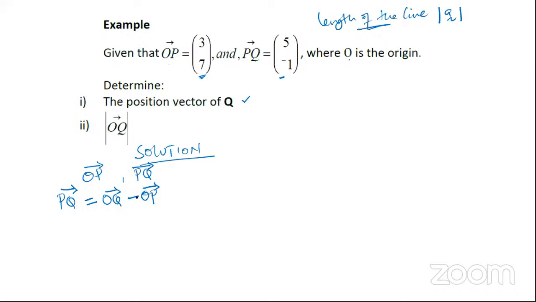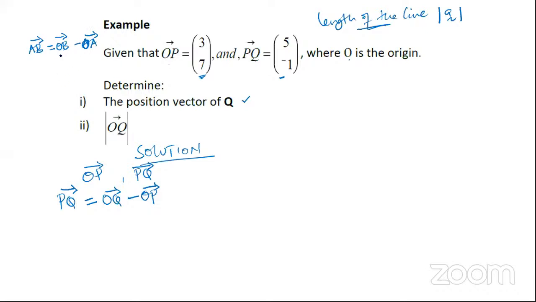When you have OPQ and you're supposed to find Q and P separately, it is basically this Q minus this other P. If you have vector AB, this is the same as OB minus OA. Let's take note of this.